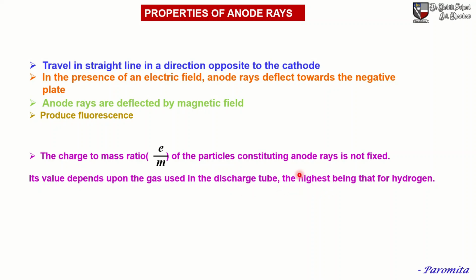This is a very important distinction between cathode rays and anode rays. In the case of cathode rays, the e/m ratio is fixed and independent of the gas used. But in the case of anode rays, the e/m ratio is not fixed and will change if you change the gas in the discharge tube.